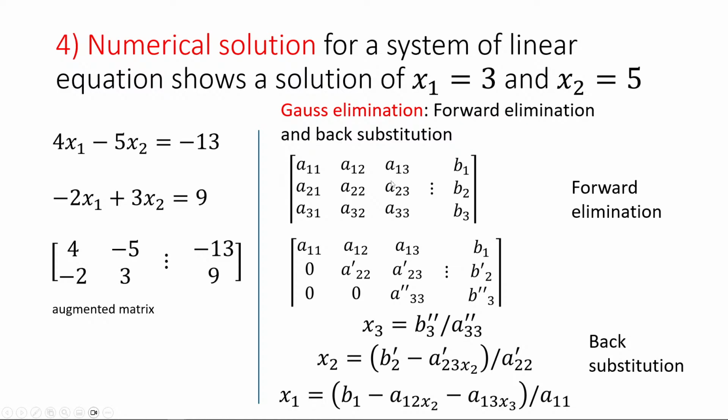The idea here is I have these coefficients, and I want to create a triangular matrix with zeros here. Why? Because if I have this entry and this entry, it is just one equation with one unknown, so I can solve for x3.